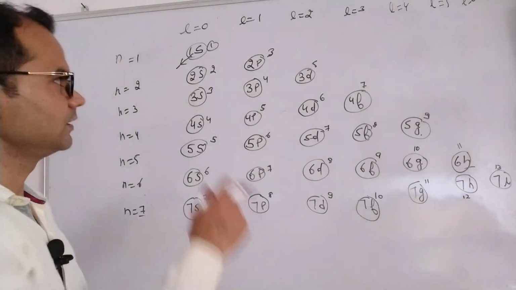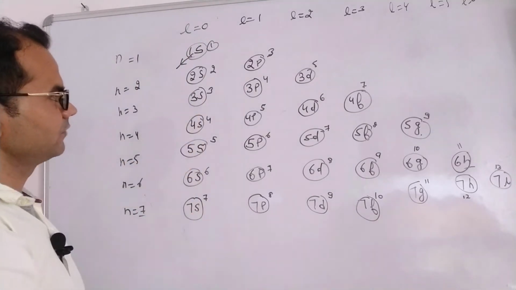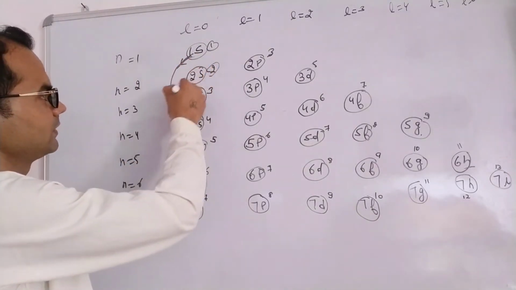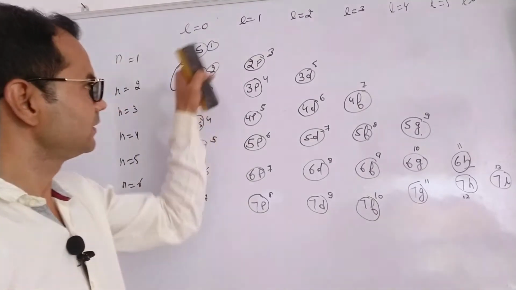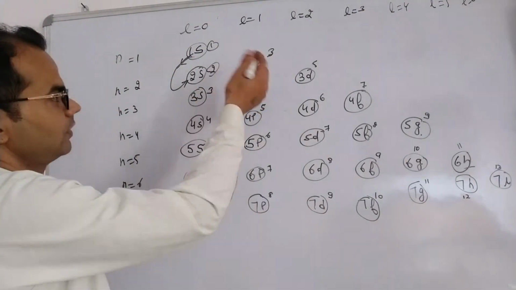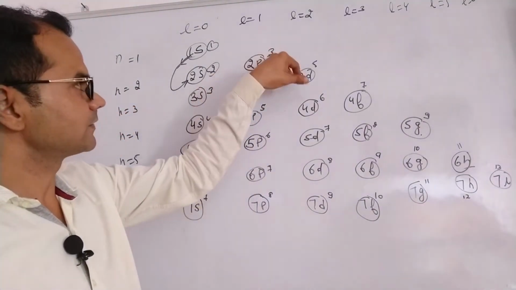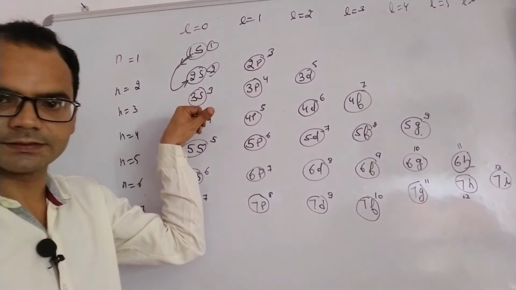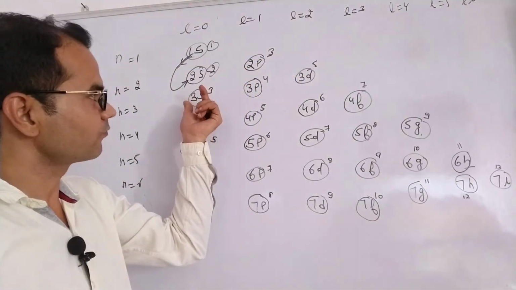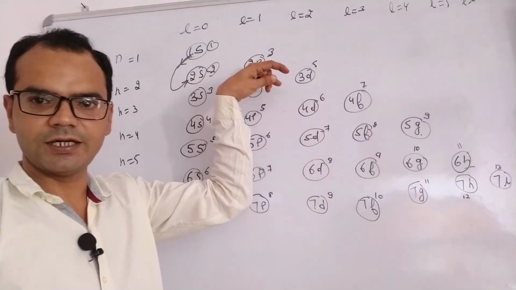So electron will enter 1s first. The next least value is 2, electron will enter 2s. The next value is 3. Here we have two orbitals with N plus L value 3, 2p and 3s. If the value is the same here, then what we have to do is find out the least value of n.